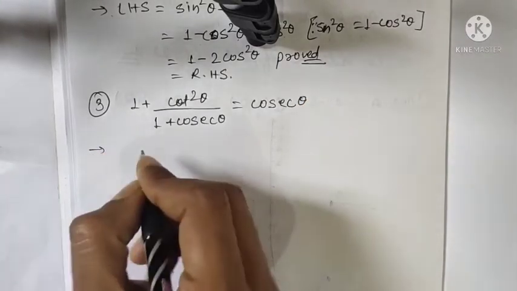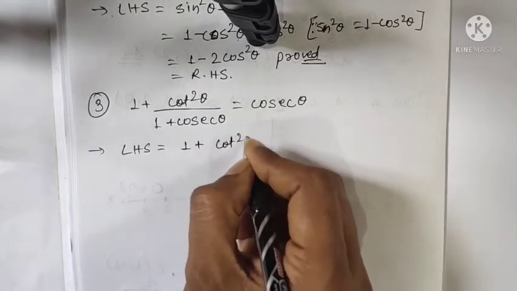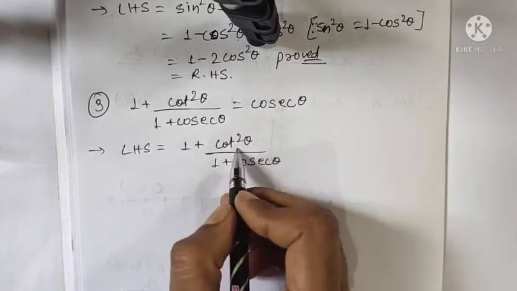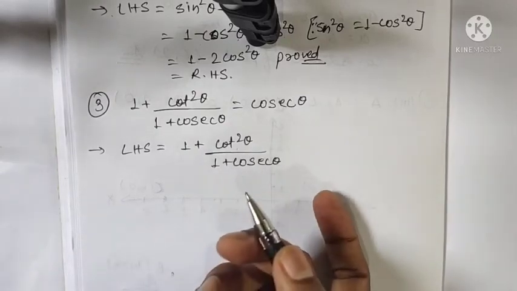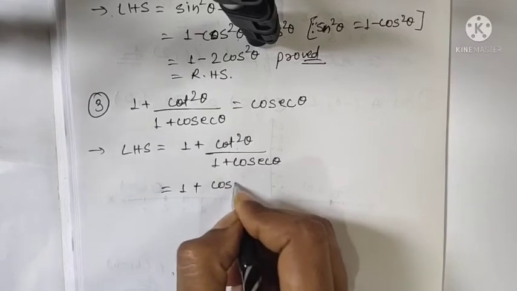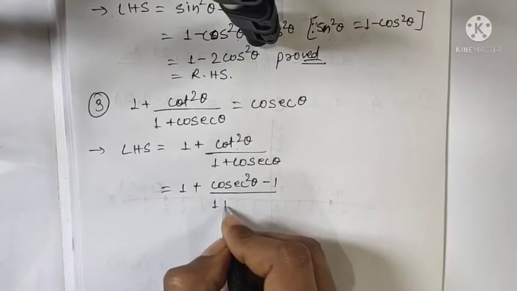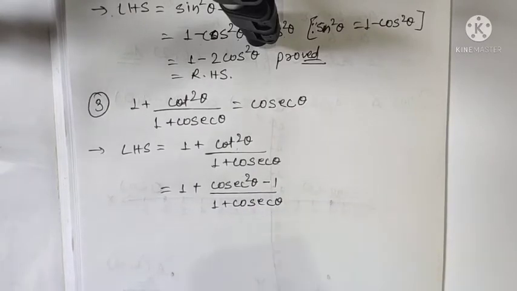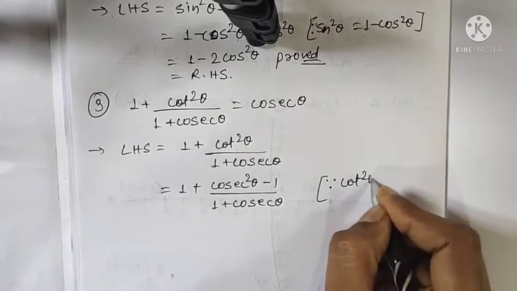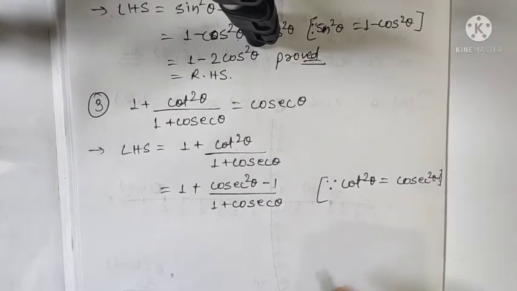Just take LHS here, that is LHS is equal to 1 plus cot square theta by 1 plus cosec theta, and as we know that cot square theta is equal to cosec square theta minus 1, hence it will be 1 plus cosec square theta minus 1 divided by 1 plus cosec theta. Why? Since cot square theta is equal to cosec square theta minus 1.